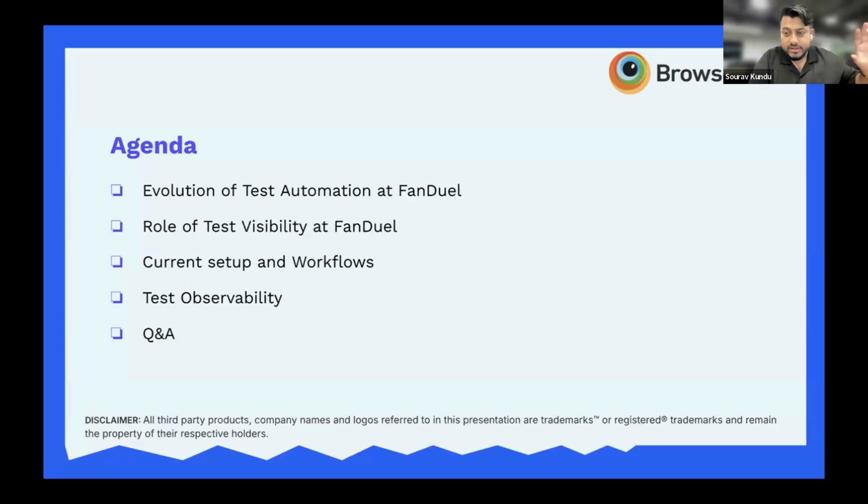So something called test observability, which tries to solve some of the problems that we're going to talk about today. And I'll also be showing everyone how exactly those problems are going to be solved. I'll be doing a quick demonstration of a product as well. So that's majorly what we'll cover today.